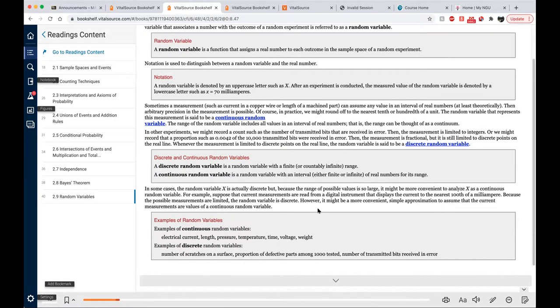Examples of continuous random variables are electrical current, length, pressure, temperature, time, voltage, and weight. Discrete examples are the number of scratches on a surface, the proportion of defective parts among 1,000 tested, and the number of transmitted bits received in error.